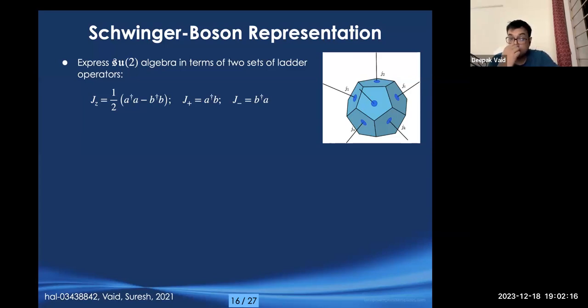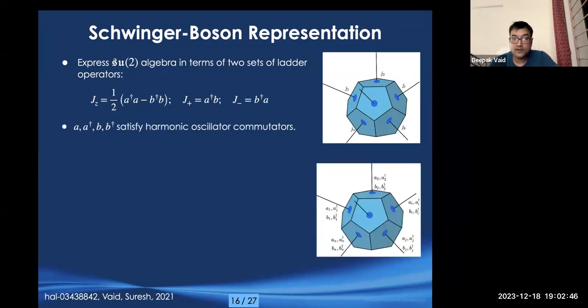Here J_z, J_plus and minus are the usual SU(2) generators or operators, and A and B are harmonic oscillator ladder operators, but you need a pair of them. One we call A, the other B. So in this representation, with each edge we have associated a pair of harmonic oscillators.